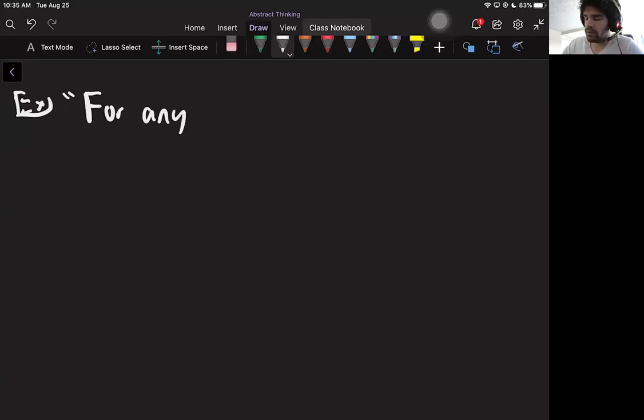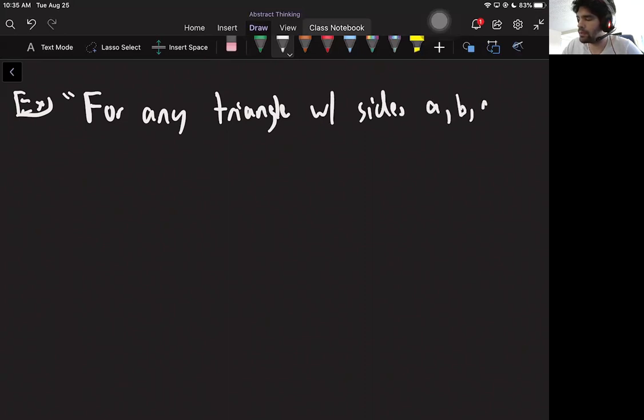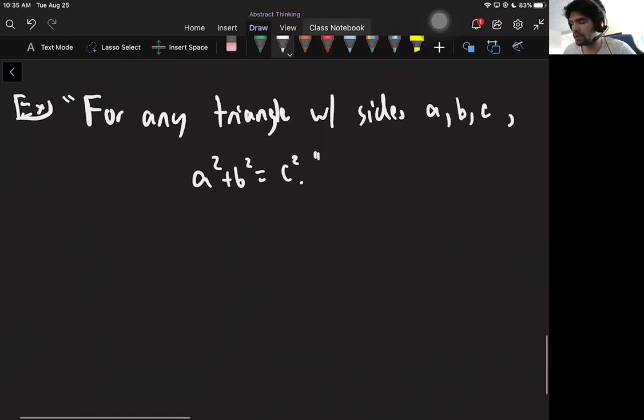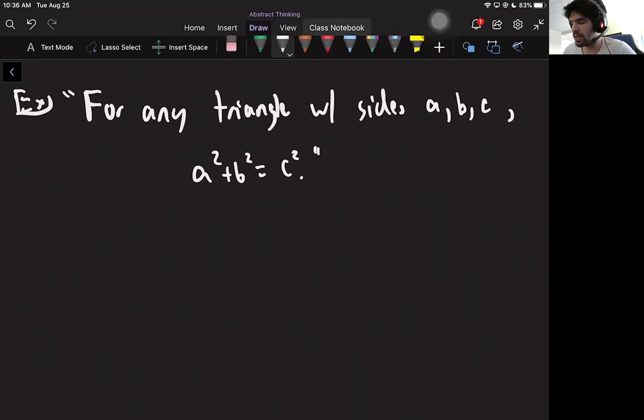For any triangle with sides A, B, and C, A squared plus B squared equals C squared. So this is a statement because it's either true or false, and which one do you think it is? You may think it's true because you're focusing too much on the equation.